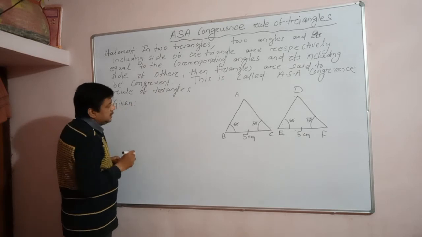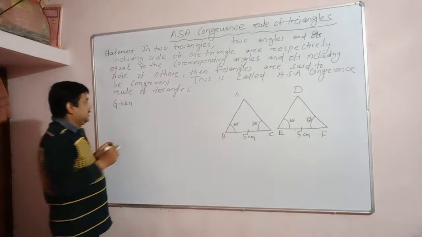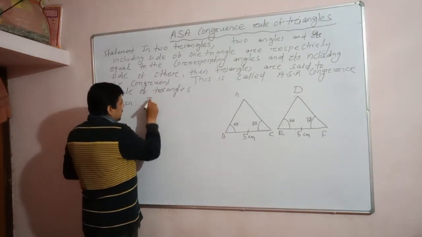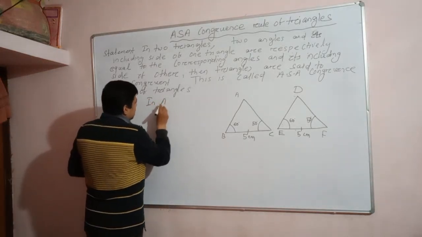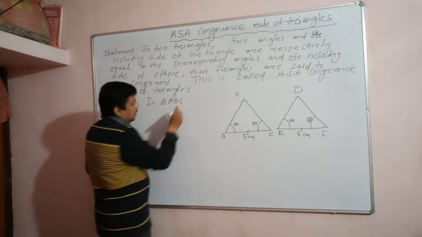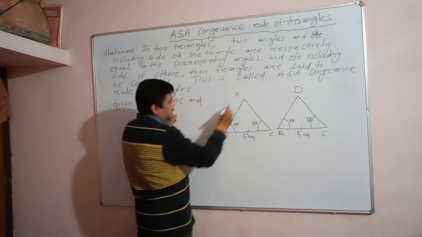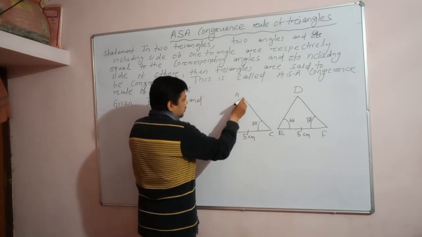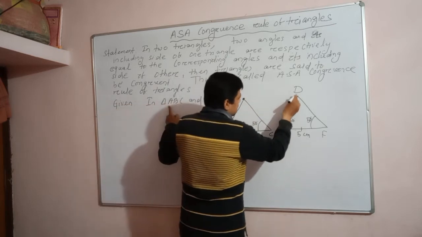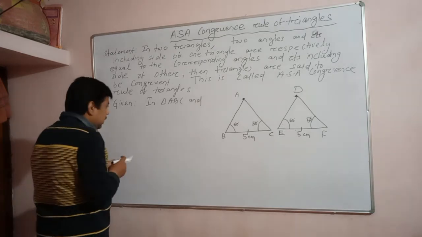Given, what is given? What is given in the statement? Two triangles are given. So in triangle ABC, what is the corresponding part of A? The corresponding part of A is D. Okay?